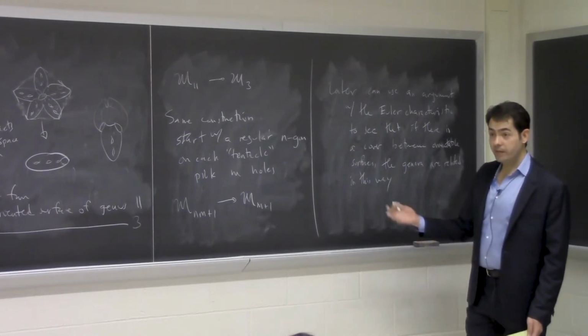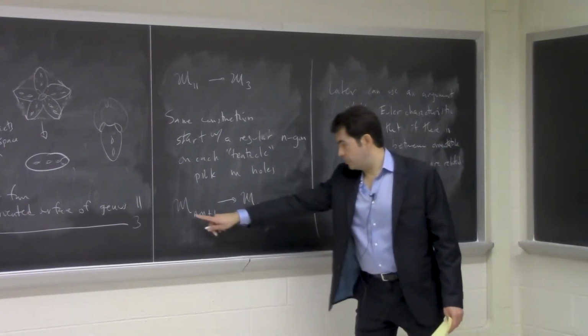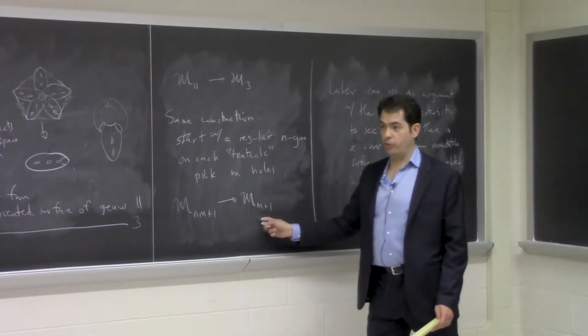Right? So if you have a covering between orientable surfaces, say M sub g to M sub h, then g has to be a number of this form and h a corresponding number of this form.